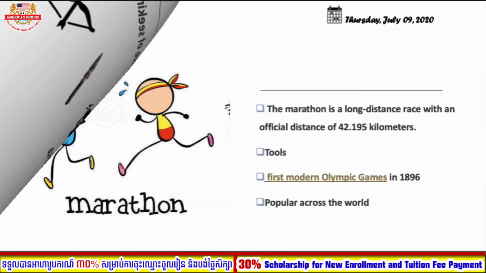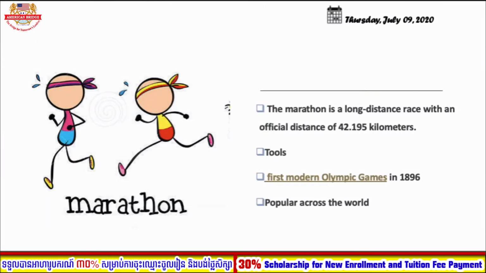Let's move on to the other type of sport, which is marathon. The marathon sport in our country is also quite popular nowadays. Marathon is a long-distance race with an official distance of 42.195 kilometers.